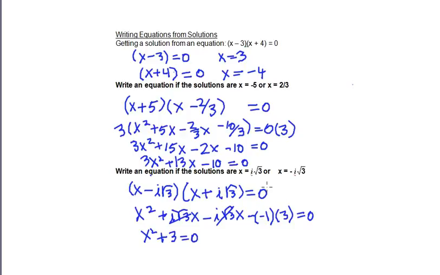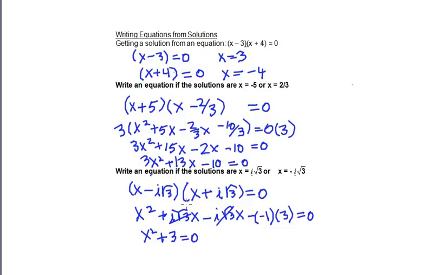That's a somewhat surprising result, that we would have the product of two imaginary numbers give us two real terms in our equation. But one of the things that we should realize is that because these two numbers are identical except for their signs, the factors are conjugates of each other. We have x minus i root 3, x plus i root 3.